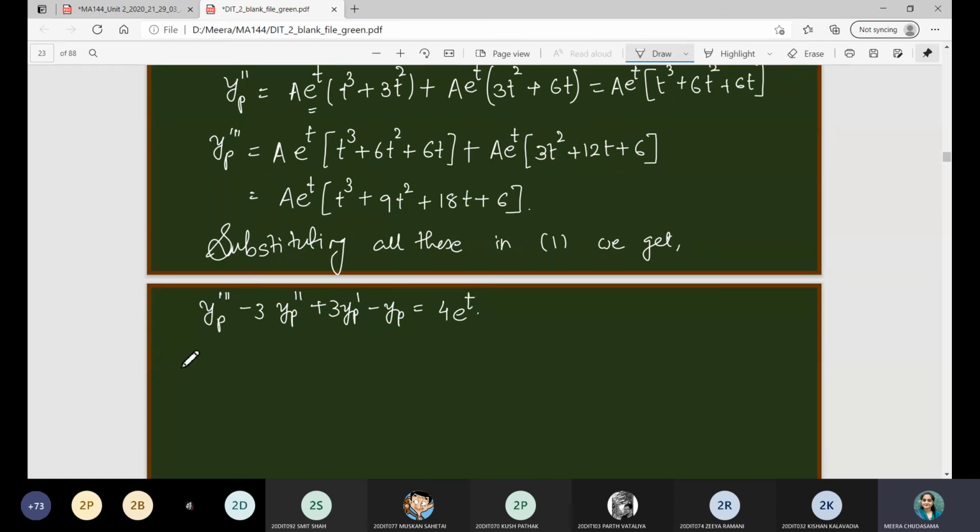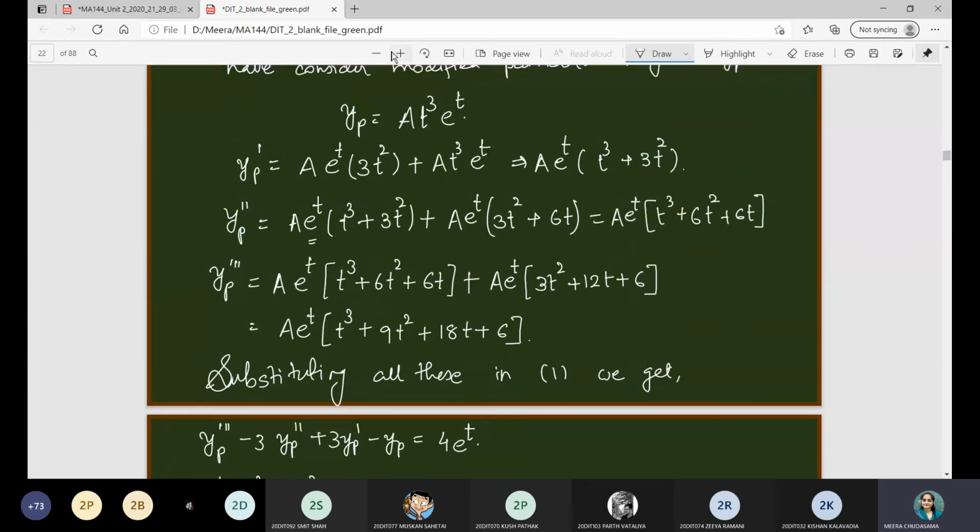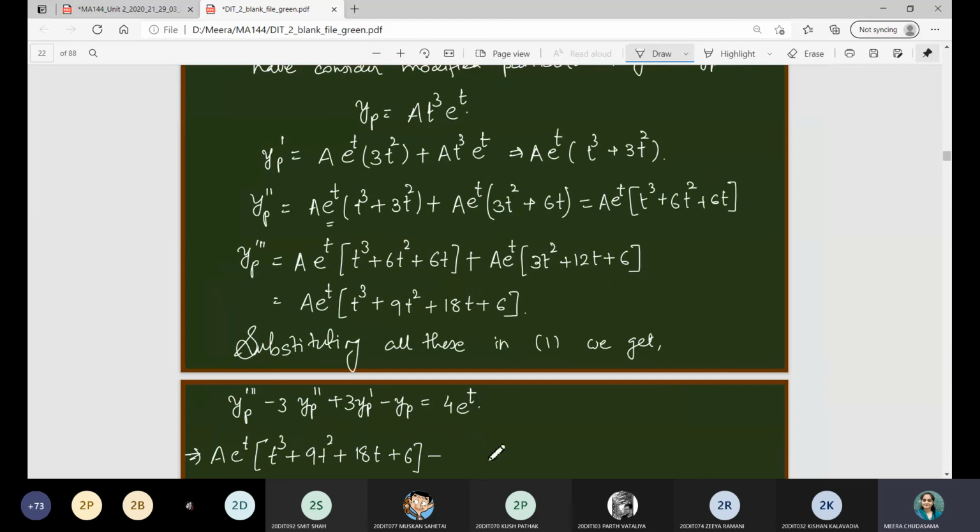So let us substitute all these values. So a e raised to t, t cube plus 9t square plus 18t plus 6, minus 3 into yp double dash, so minus 3 a e raised to t, t cube plus 6t square plus 6t.